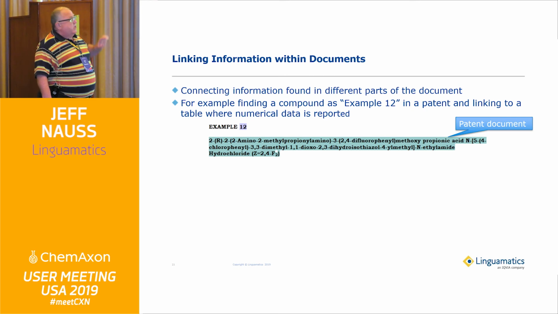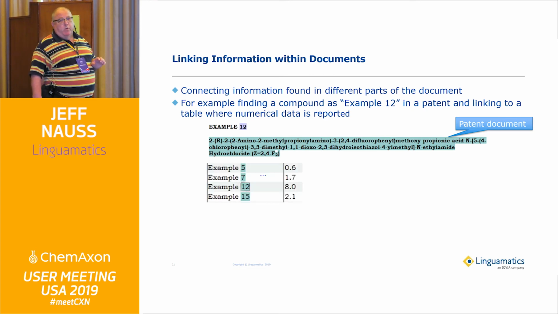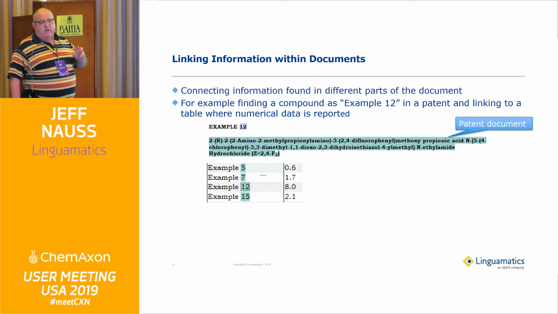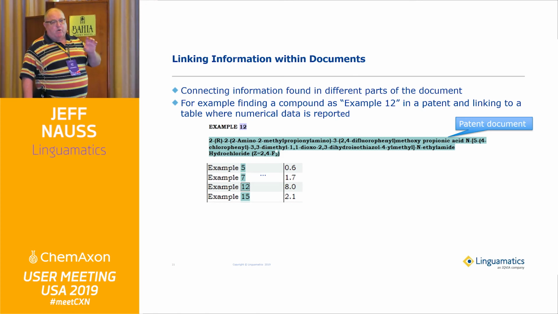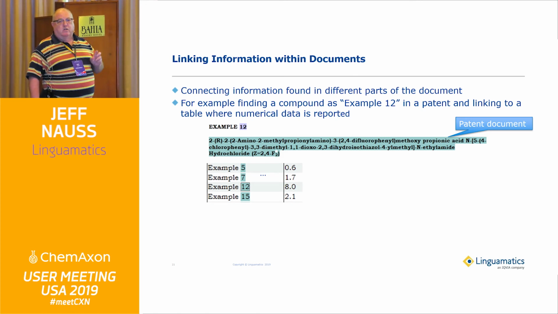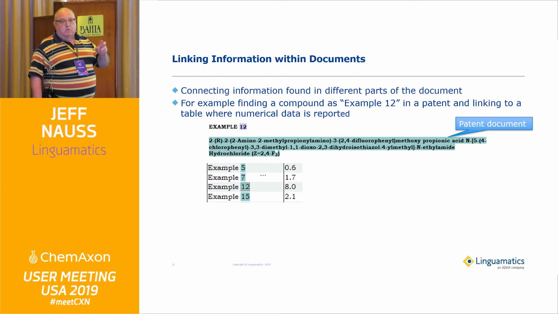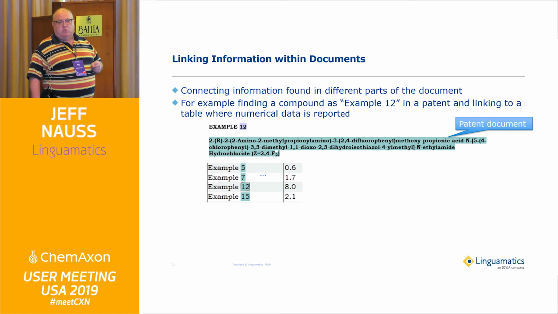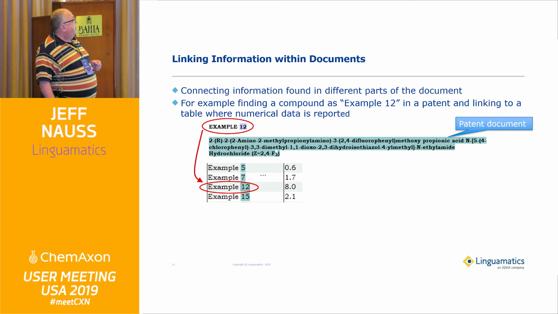So now we got the example number. Now we can go in and look elsewhere within the document where that example number is referenced. In this case, it's within a table. We can look in the table elsewhere, see that it's inhibitory data. And on this particular one, the value for example 12 is 8.